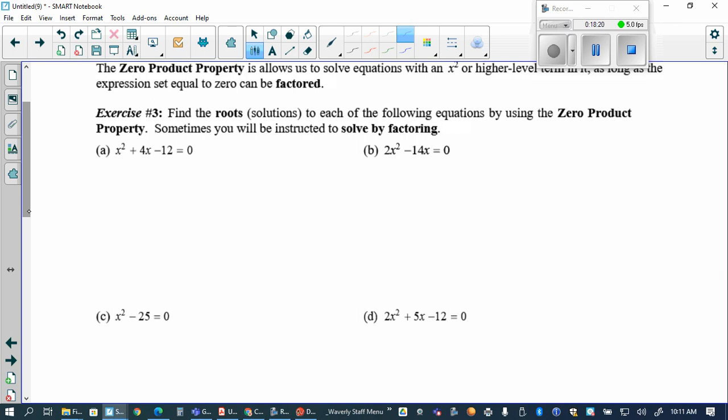Sometimes you might have x squared plus 4x equals 12, right? Does that equal 0? So what you would do to make it equal 0 if it was like this is subtract 12 from both sides. But they don't have it like that. So it does equal 0. What are we going to do with this, guys?